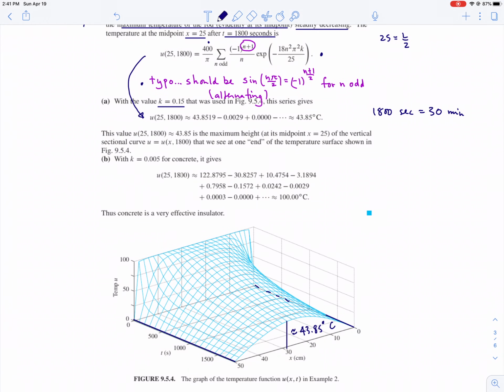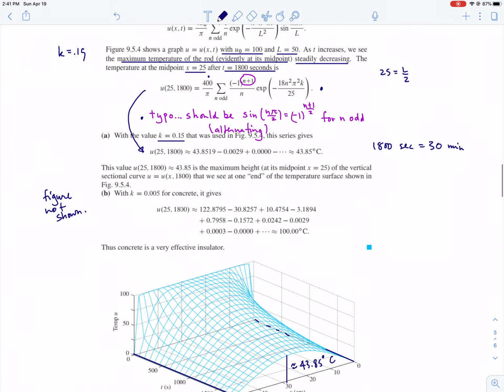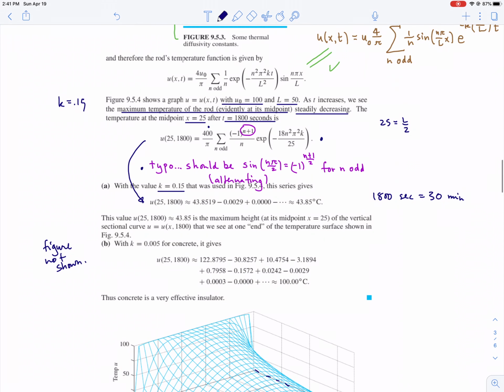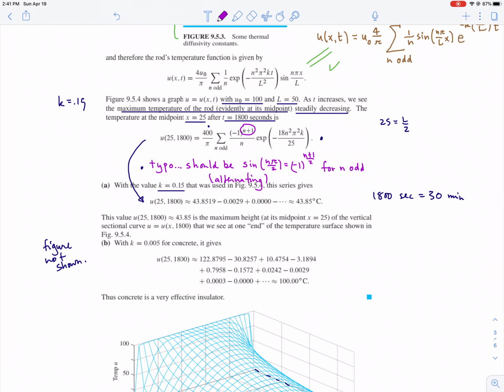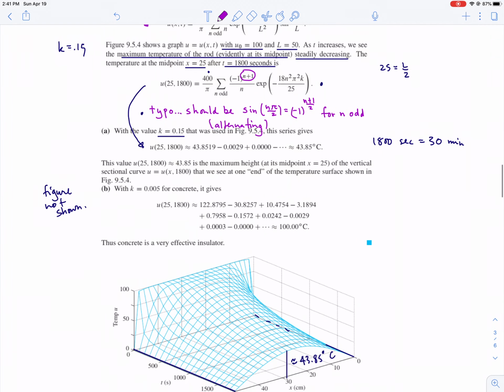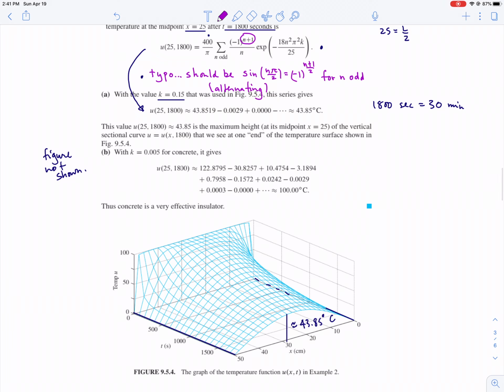Okay, now in part B, figure not shown, although if you look at the formula for the solution, you can see that changing the k just corresponds to scaling the time. So in a way, what is shown here is just the very first part of the graph when you rescale the time.